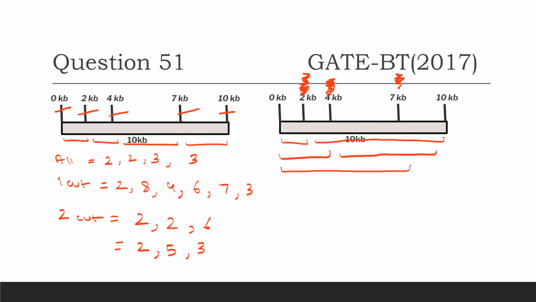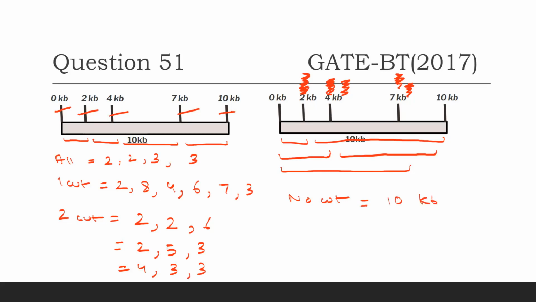In case the cut happens at the second and the third restriction site, you get a 4 kb fragment, a 3 kb fragment, and a 3 kb fragment. In case no cut happens, which might be the case where there is partial digestion, you get a complete 10 kb fragment.